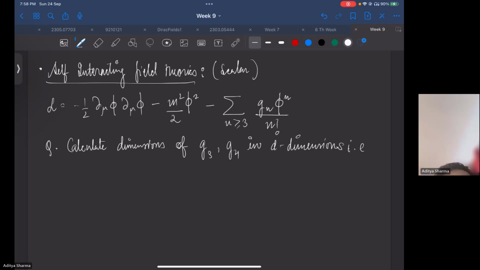That is, our phi is a function of D variables.